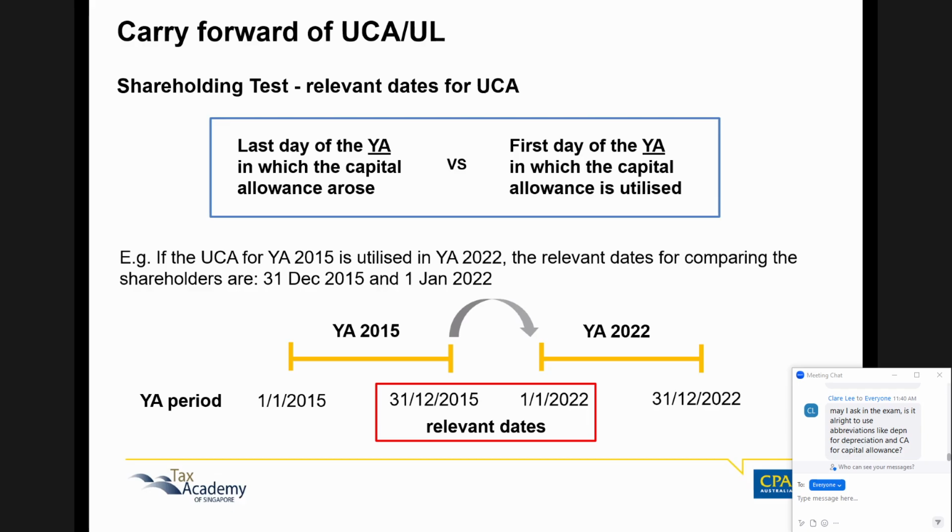YA is always from 1st Jan to 31st December. So in this case, my last day of YA 2015 is 31st December 2015. When am I going to use it? I'm going to use it in YA 2022. I look at the first day of YA 2022, that'll be 1st Jan 2022. So these are the two relevant dates. I look at the shareholding on these two dates. Is it more than 50% difference?